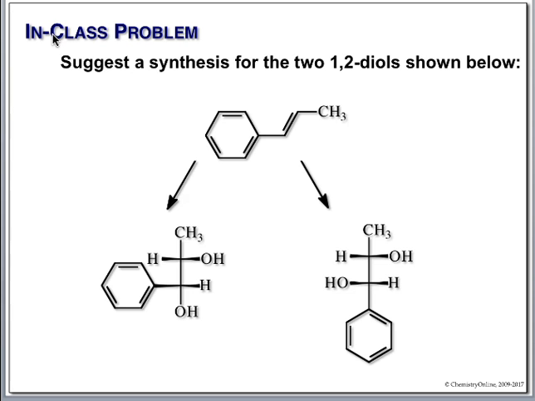The question is, how do you make each of these stereochemically pure? Real exam question. It pulls upon everything you know from 234 and 235.